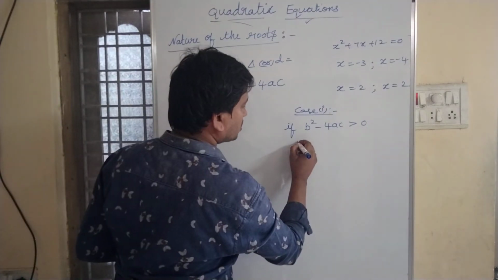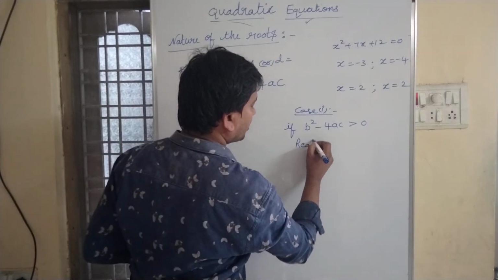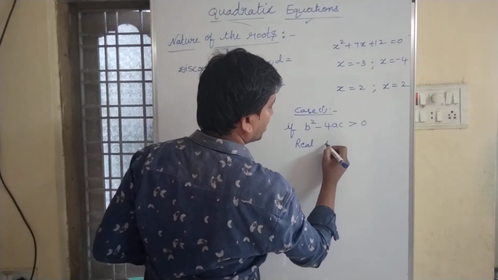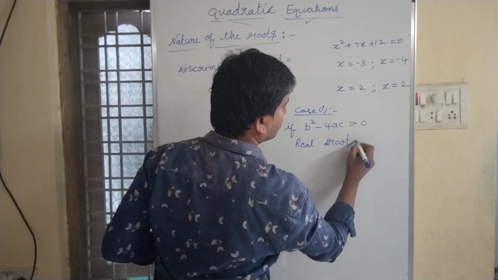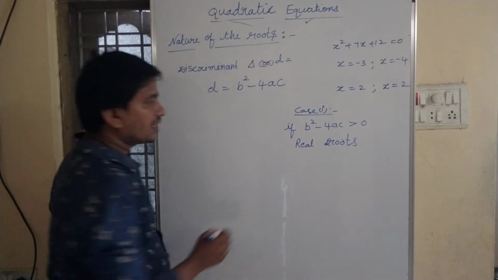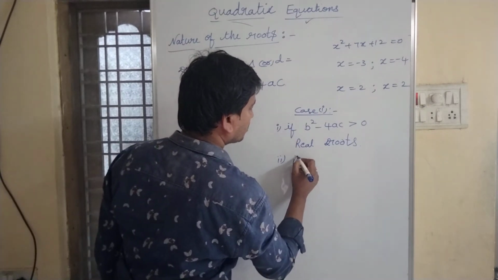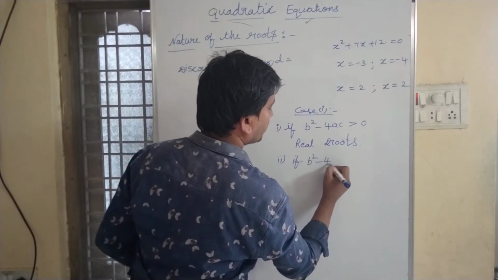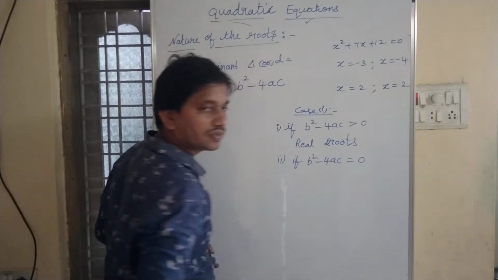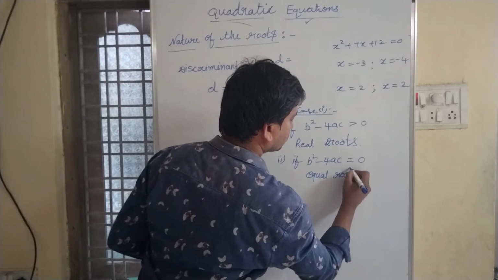What is the nature of the roots? If b square minus 4ac is greater than 0, they are real roots. Okay, and case number 2 is if b square minus 4ac is equal to 0, then we will get equal roots.